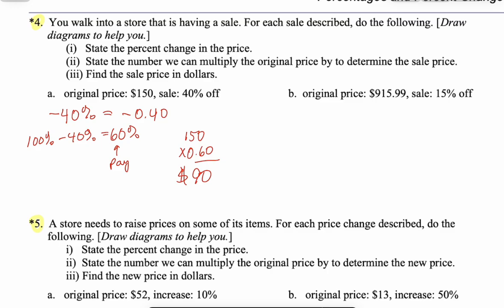I think it's easier. So a 15% discount means I have to pay 85% because 100 minus 15 is 85. So if I was standing in a store wanting to figure out how much I'm going to pay, I would just do 15.99 times 0.85.